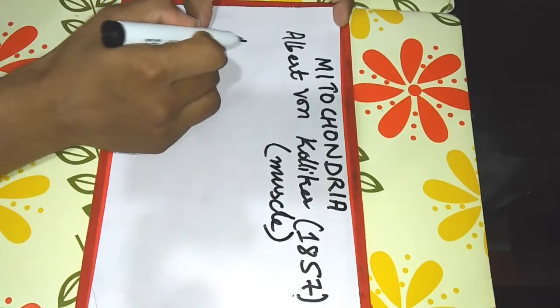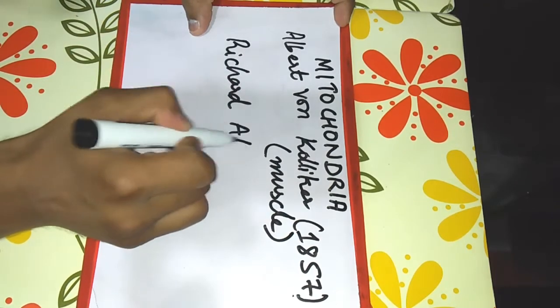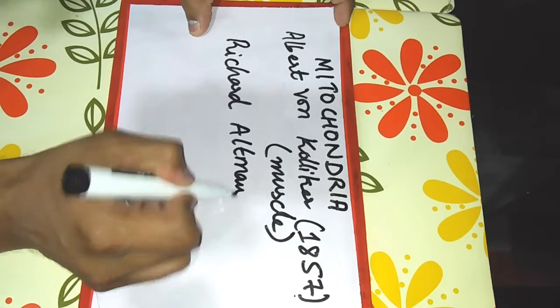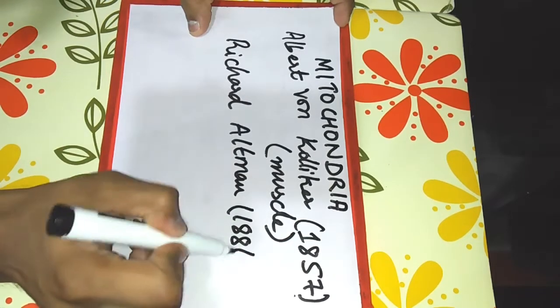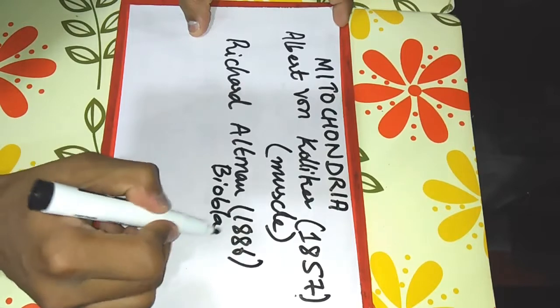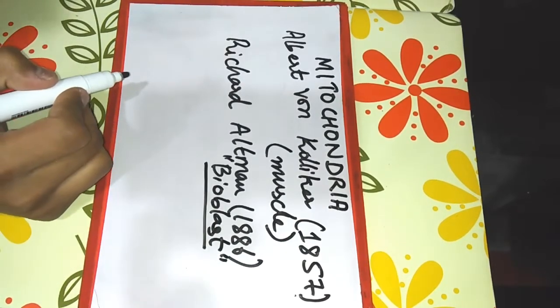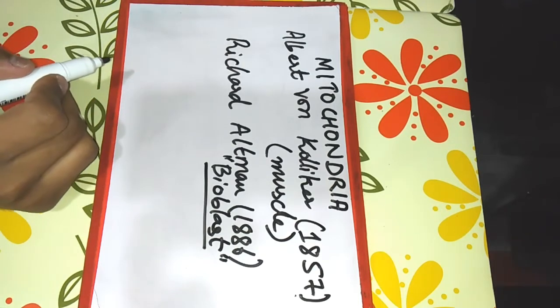And then after a while, another scientist came on the scene, Richard Altman, in 1886. He coined the term bioblast. So at that time, during the 1886 era, mitochondria was commonly called the bioblast.